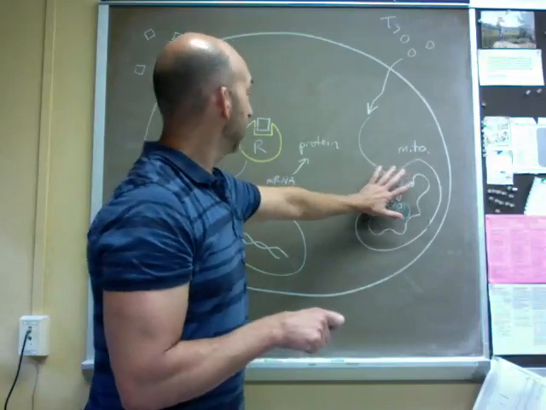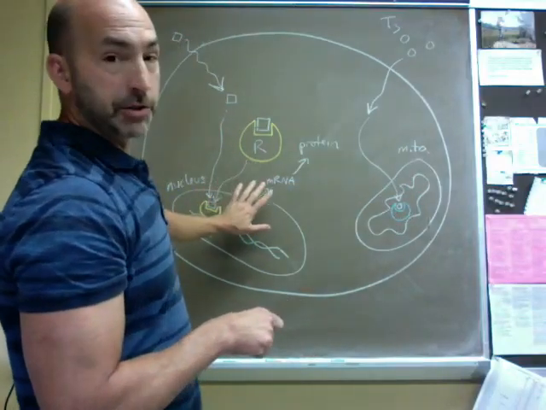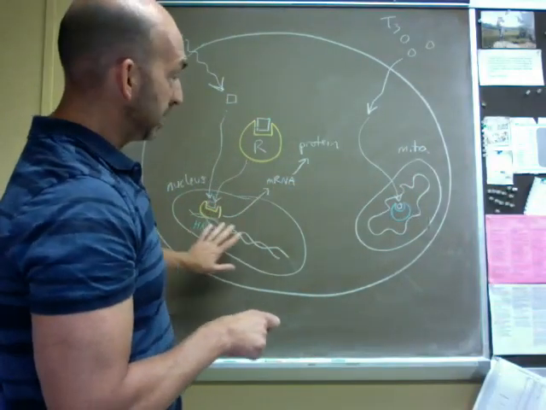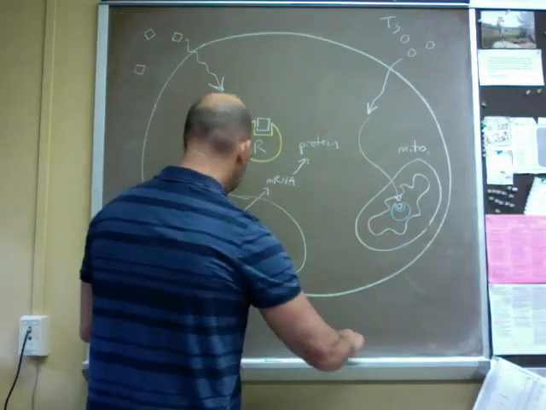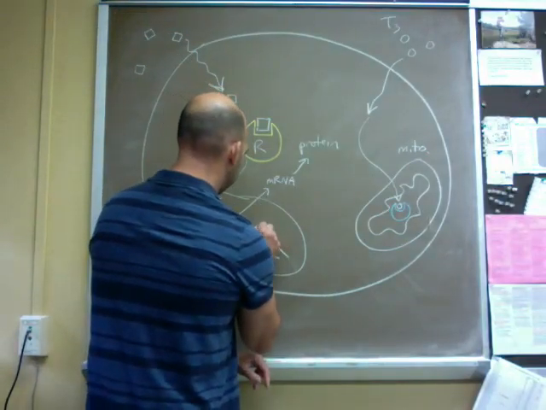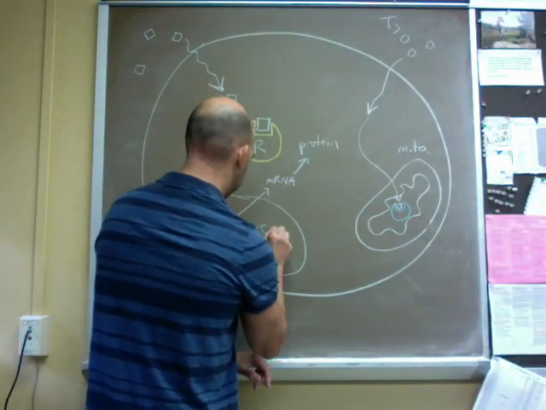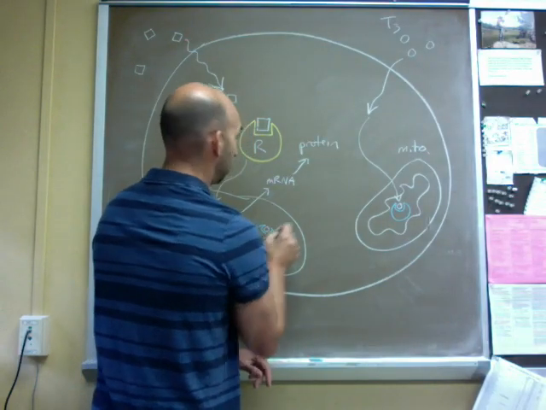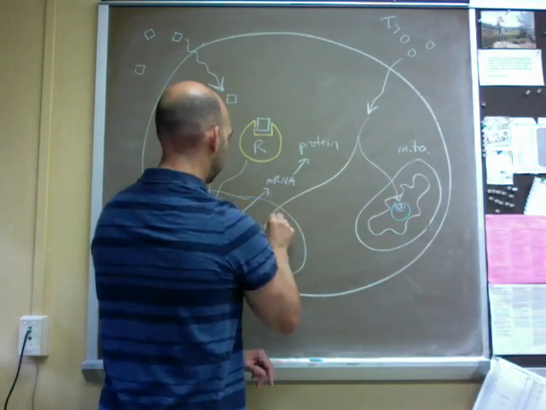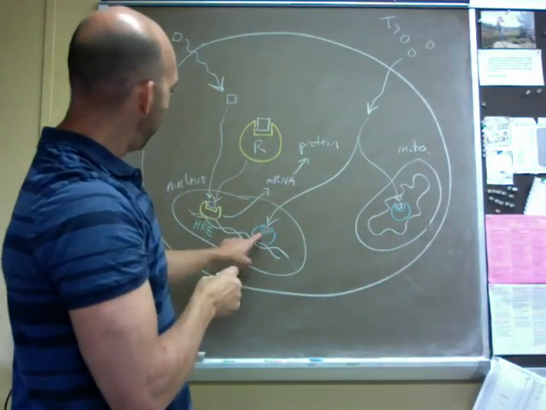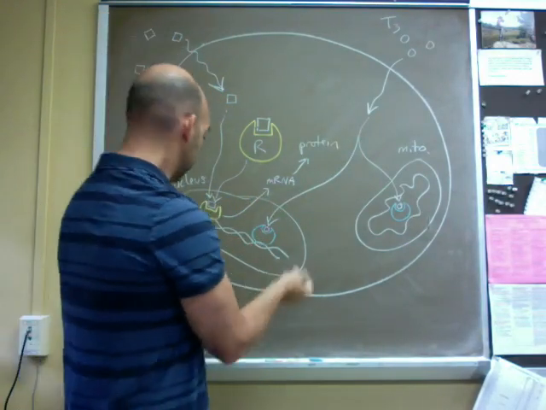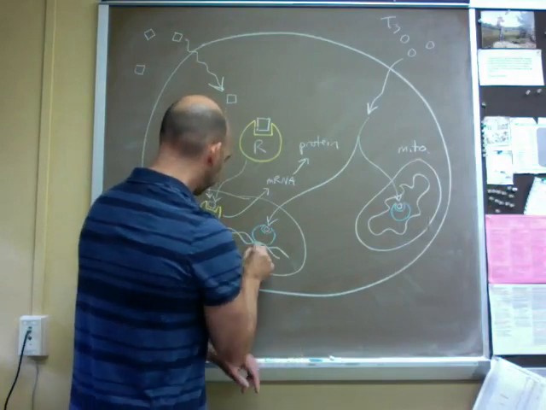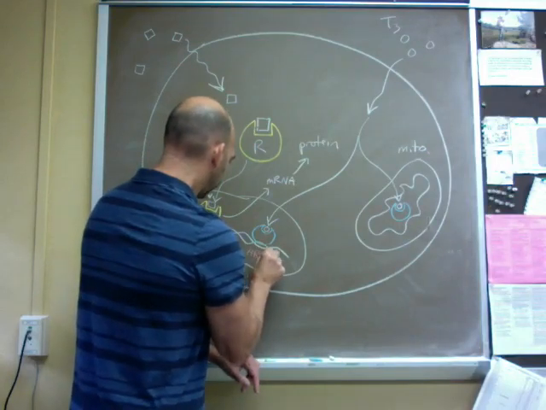Now, that's not to say that the thyroid hormones don't also act over here and do something very similar. I could put a different HRE. So let's have our thyroid hormone coming in here and binding a different HRE, right?